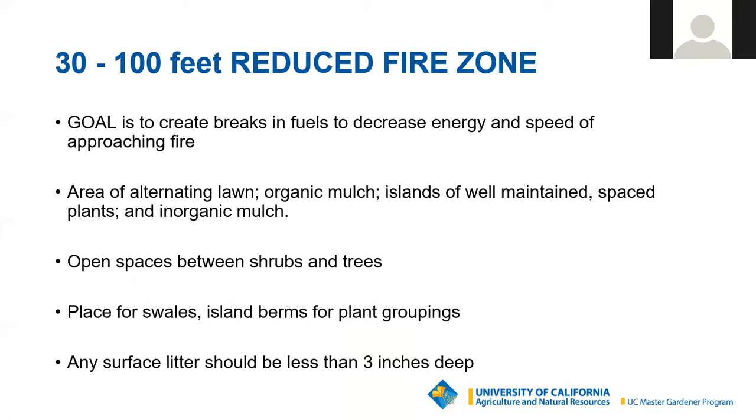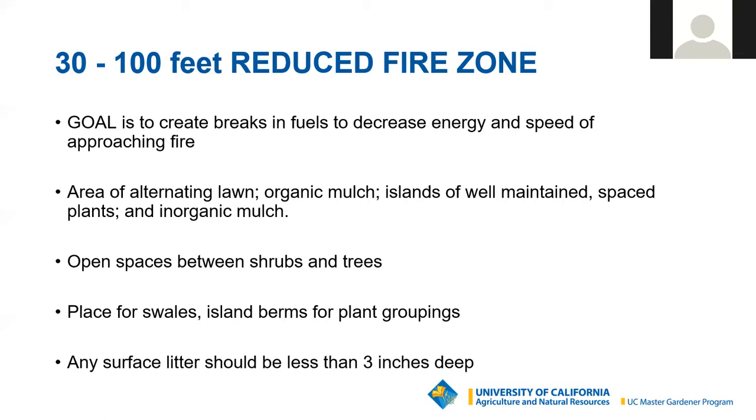It's an area where you can have green lawn, brown organic mulch, islands with plants in them, inorganic mulch or mulches for contrast. In this area, you want open spaces between your shrubs and trees.